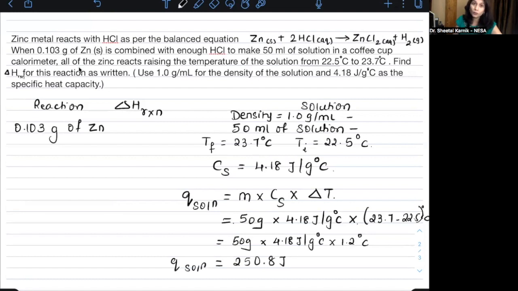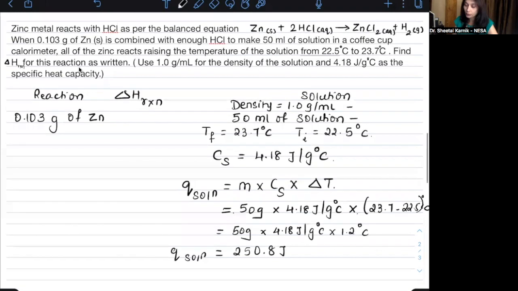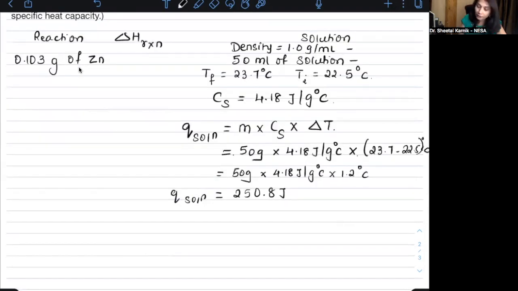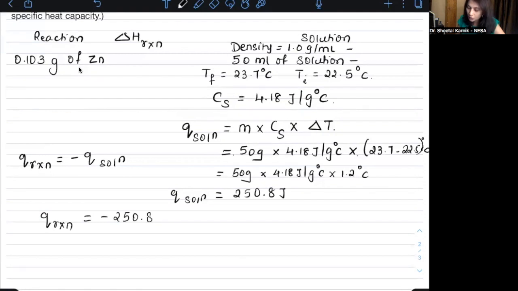Now that I know the Q of the solution, I'm going to go ahead and calculate the Q of the reaction. Again, we know the relationship. Q of the reaction is equal to negative Q of the solution. So Q of the reaction is equal to negative 250.8 joules.